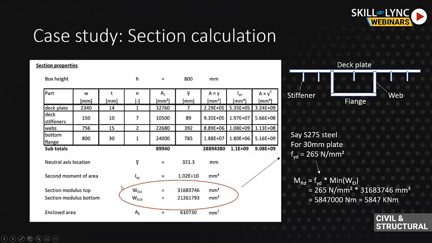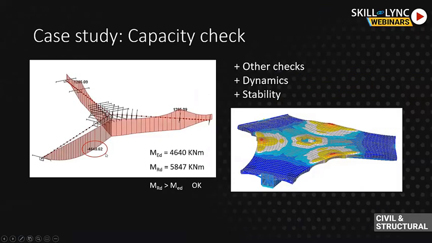You calculate the stiffness of the structure, the I value, your segment area. You calculate the elastic moduli, and considering the strengths of the material that you specify, you calculate the resistance moment in here, and then you compare your load with your resistance, and you hope that it's okay. If not, then you change your shape, and you go through the design loop again.